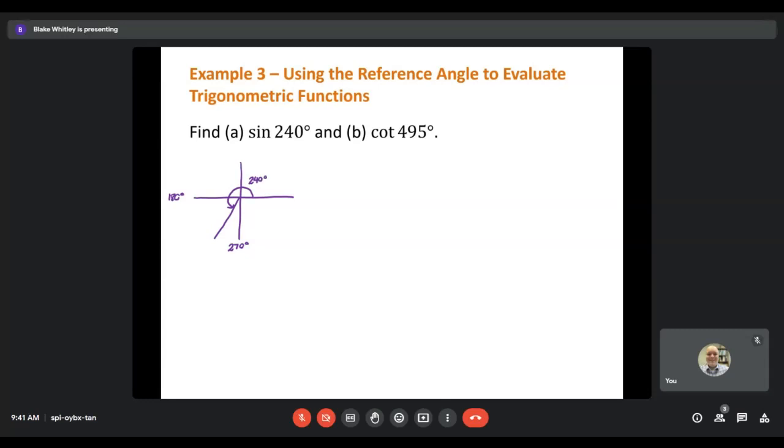Now what we want to find is the reference angle first, because from there, we can figure out what the sign is in that quadrant, and then we can figure out what the actual trig value is. Always draw your triangle back to the x-axis. So my reference angle this time is just this angle right here, from the terminal side back to the x-axis.